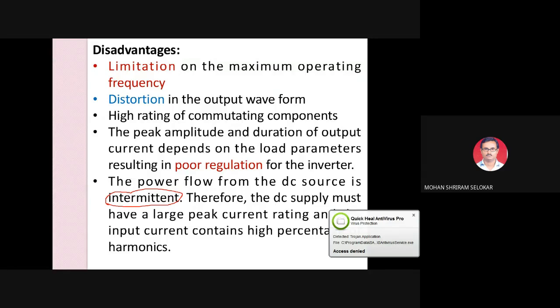You can see this gap here. We are providing this gap to avoid short circuiting of the battery. Suppose I am triggering SCR2 at the same point.